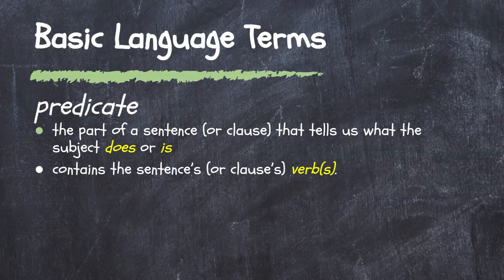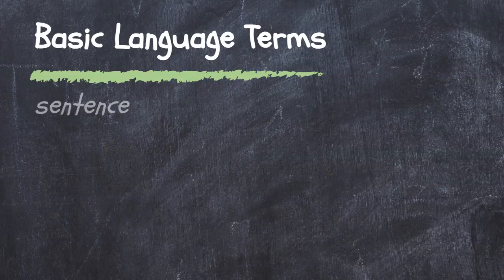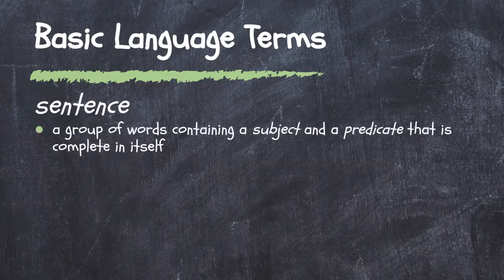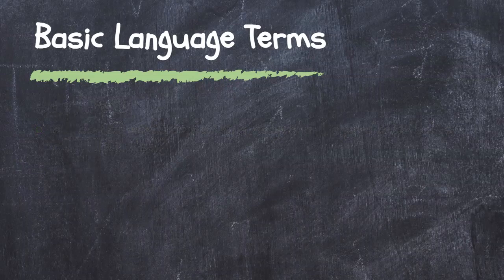So that's where the verb in the sentence comes in. We'll look at examples of that in a bit. So a sentence is a group of words that has a subject and a predicate, and it's complete by itself. In modern written English, we put a period at the end of it to show we've gotten to the end of the sentence. So it has somebody or something doing something and a verb that expresses what they're doing.